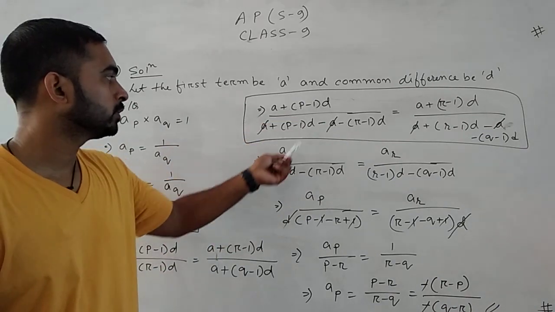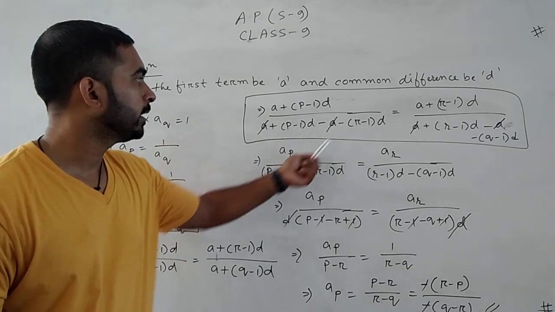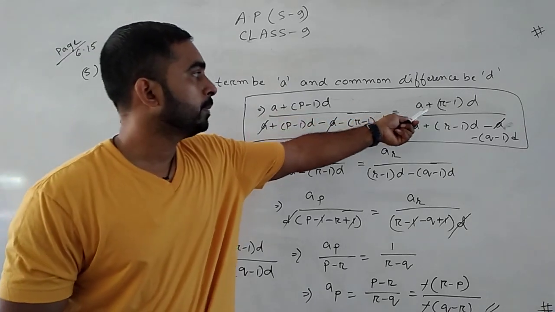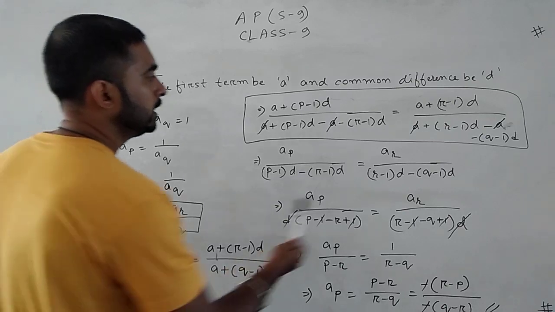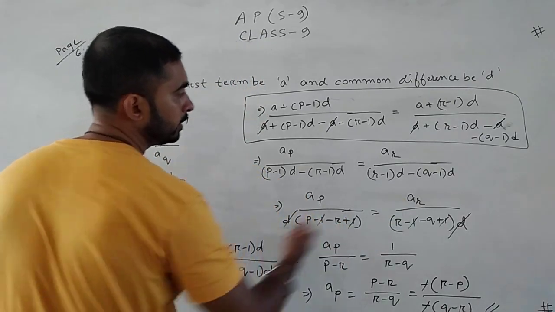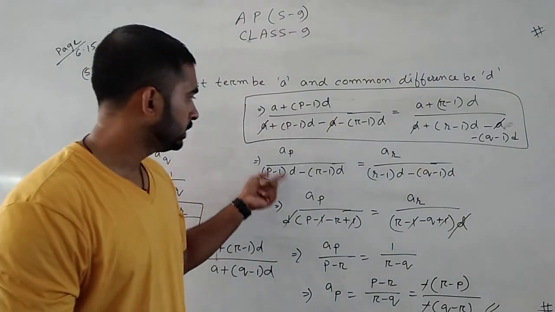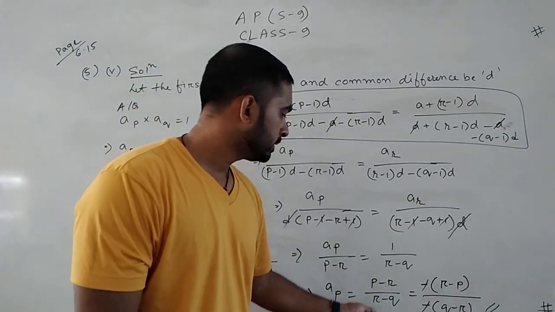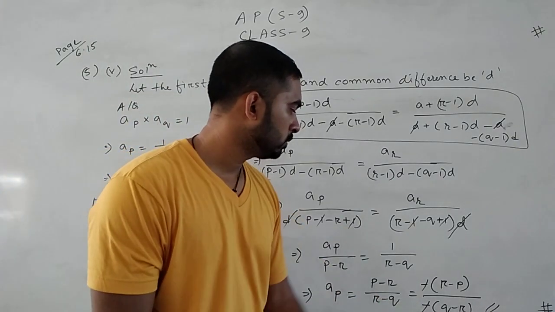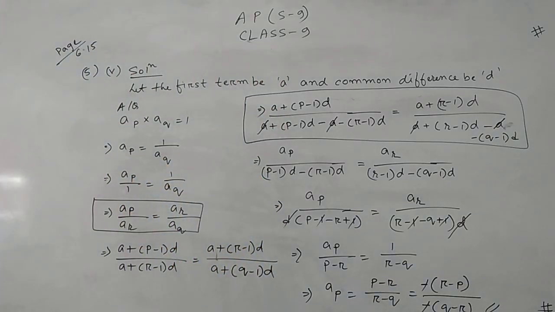Numerator a plus p minus 1 d means AP, a minus a cancel, so p minus 1 d minus r minus 1 d, and this one a plus r minus 1 d means the r term, denominator a minus a cancel, r minus 1 d minus q minus 1 d, then d common, both sides d cancel, then this one AP, the r term equals 1. Then do cross multiply, then I change their places as there is a minus symbol between them, so minus will be common, minus minus cancel, so AP equals (r minus p) by (q minus r). Yes.